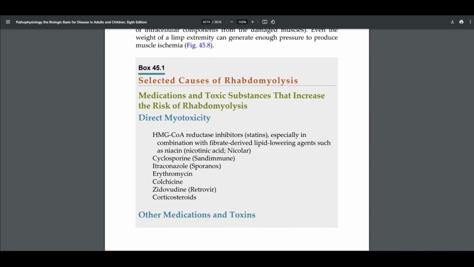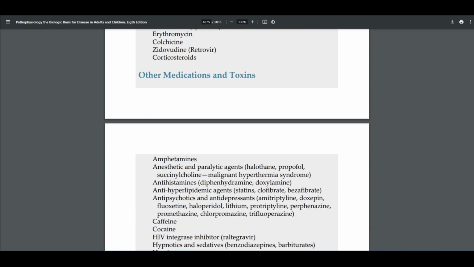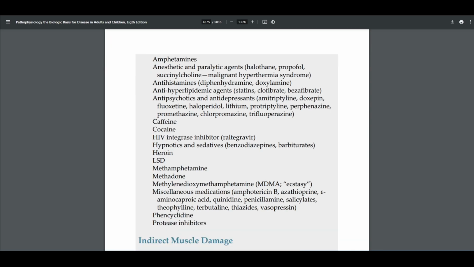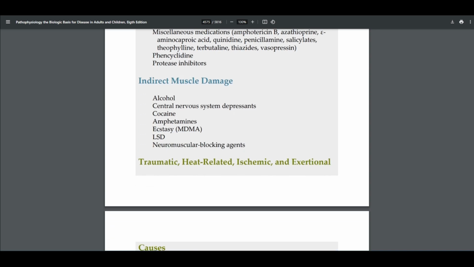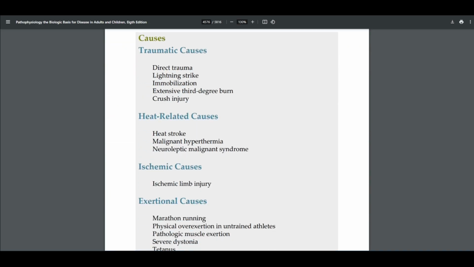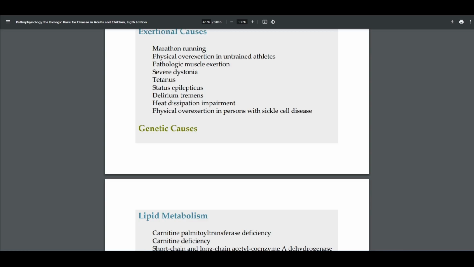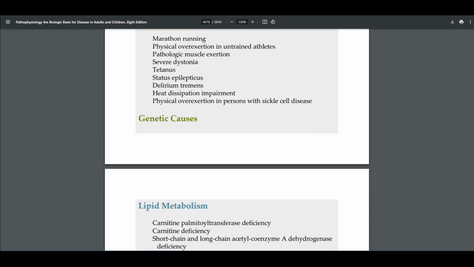So the following box here are selected causes of rhabdomyolysis. Here's a good spot to hit pause and review the different risks. And then under traumatic, there are a lot of causes, so try not to go too quickly so you don't miss out on any of them.